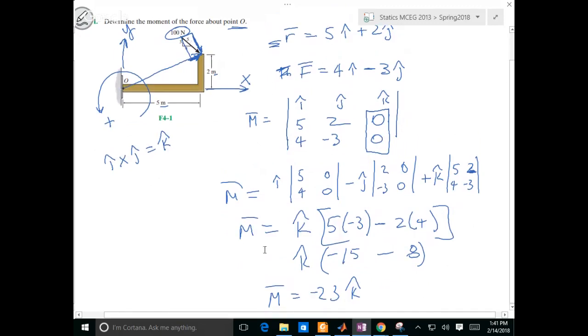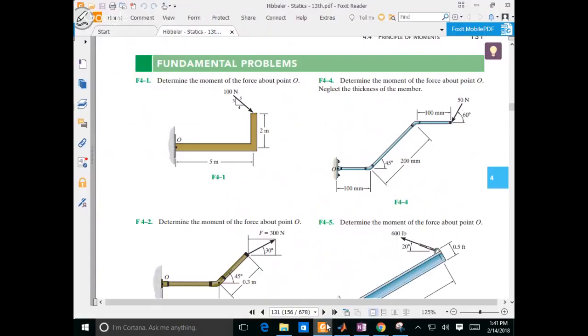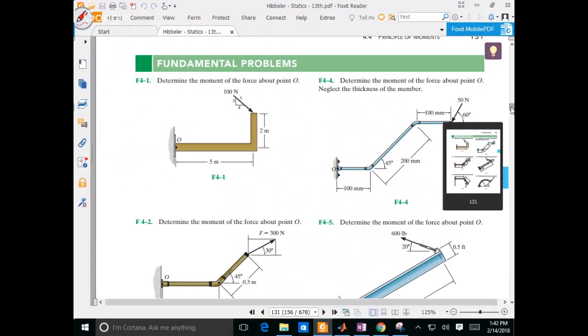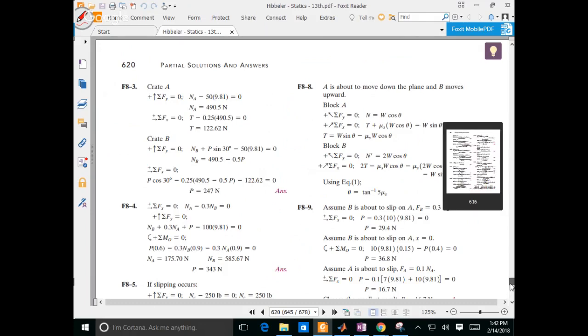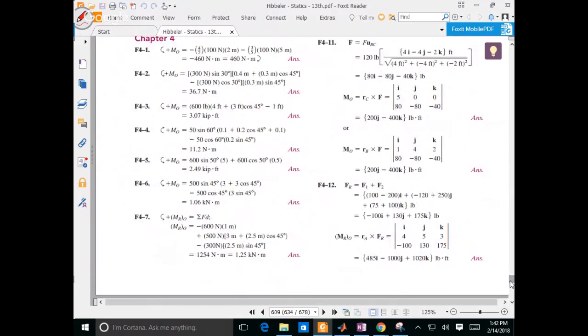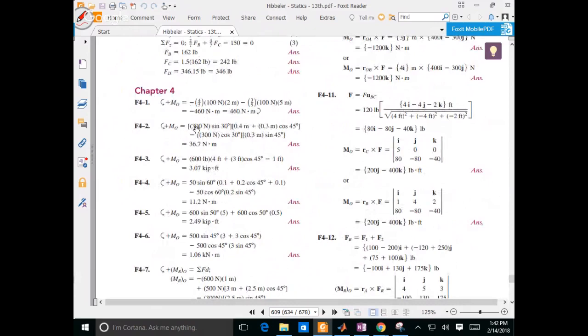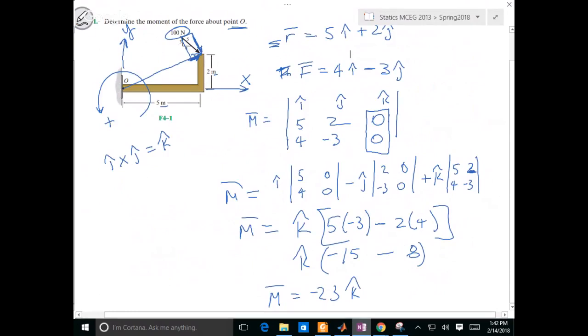And so, we can go look at the back of the book. Let's see what 4.1 is. Four one, 460. Did I do that right? What answer did I even get? Uh-oh.